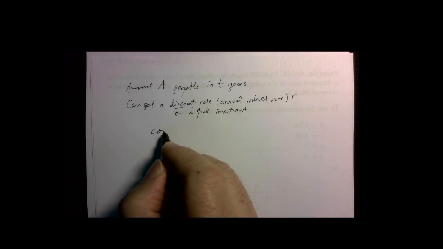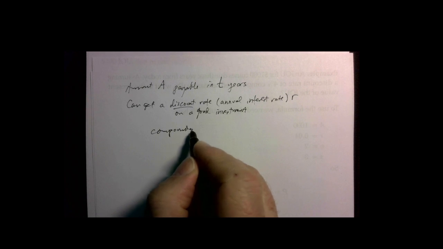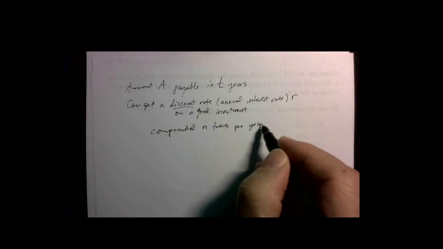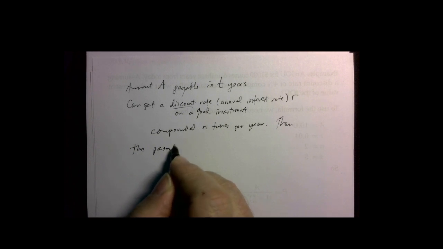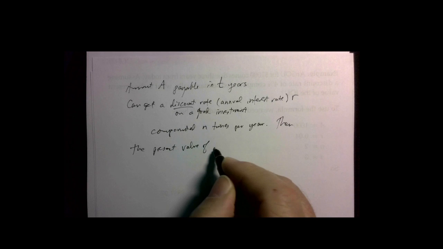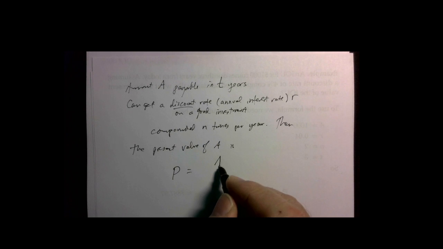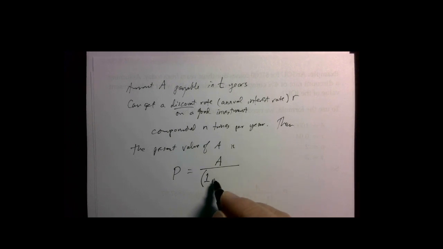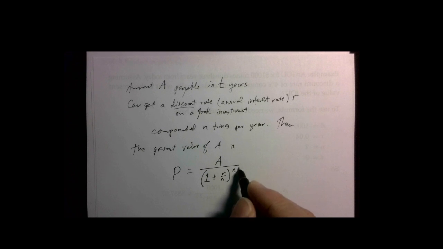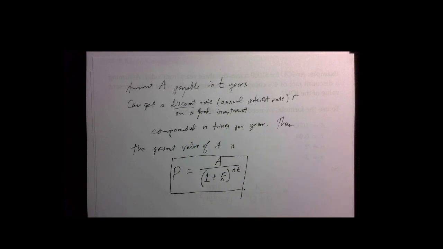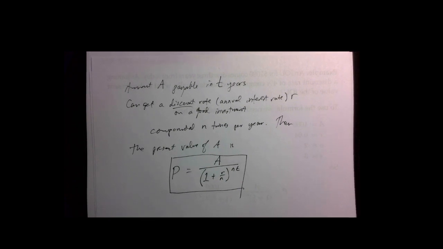And this is going to be compounded N times per year. Then the present value of A dollars, we'll just call it P, sometimes it's called PV, is A over the quantity 1 plus R over N, to the NT, just as in the examples. So that's the way you find present value for compound interest in general. And in real life, compound interest is what you're going to have to work with.